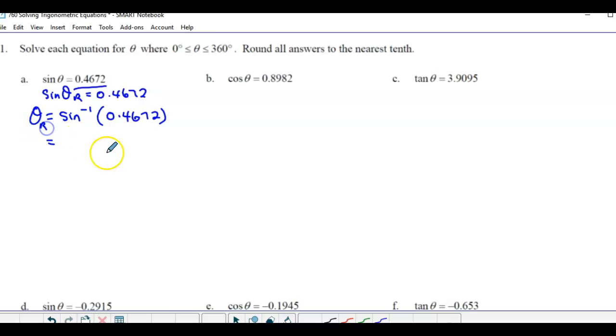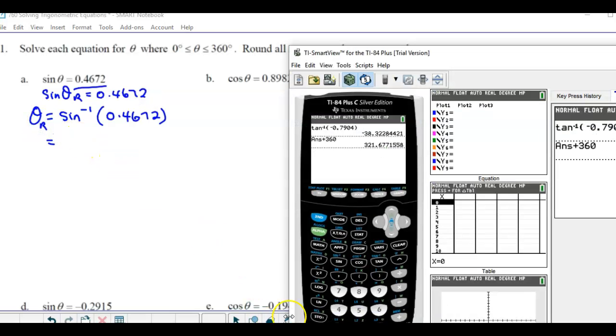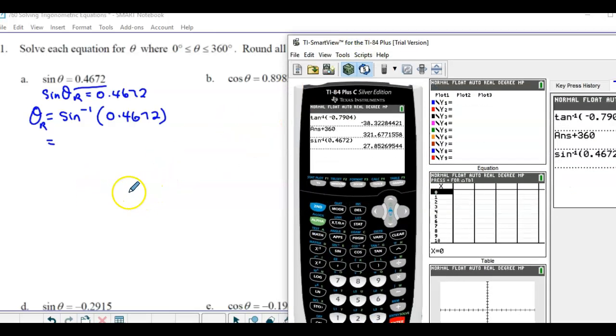So now the reference angle is second sine 0.4672, which is, to the nearest tenth, 27.9.